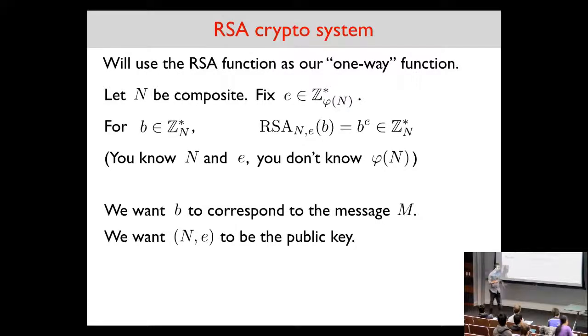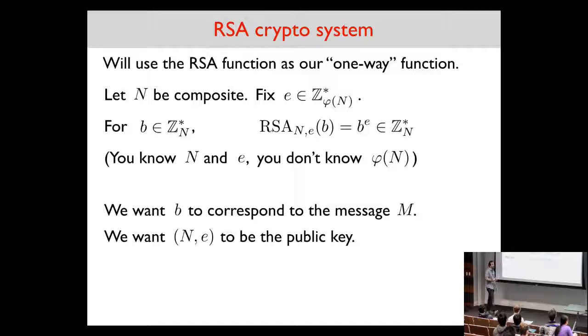And if you think about it, your encoding function is going to be this RSA function, this hopefully one-way function. So you want b to correspond to your message m. Using this message m, we're going to raise it to the power e, m to the e.